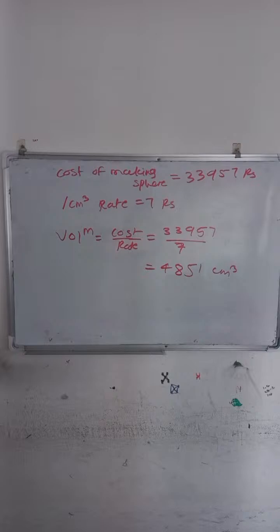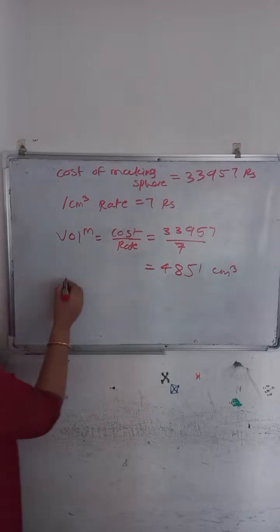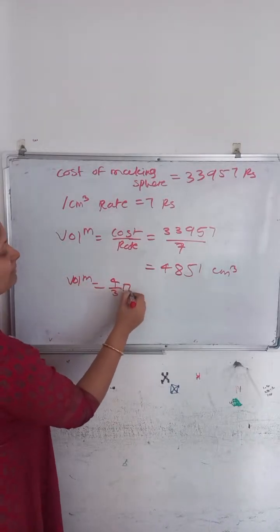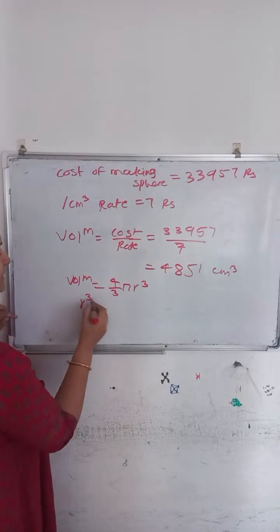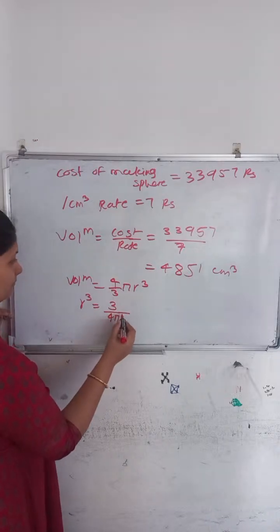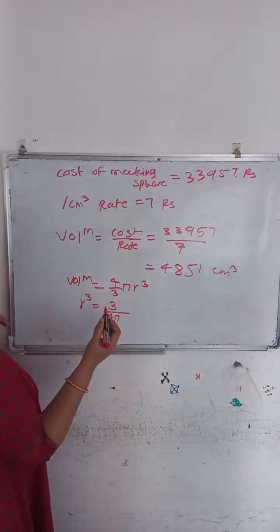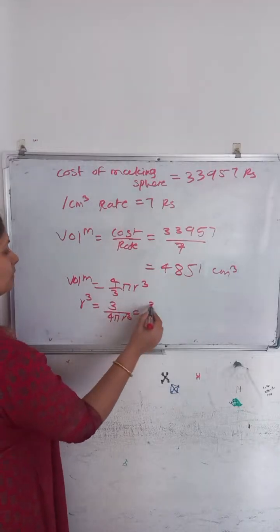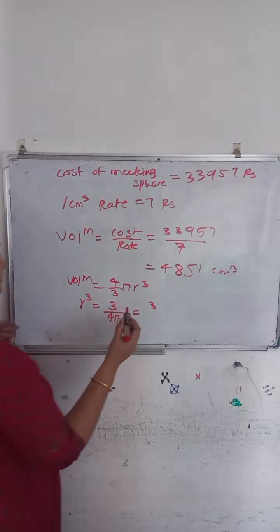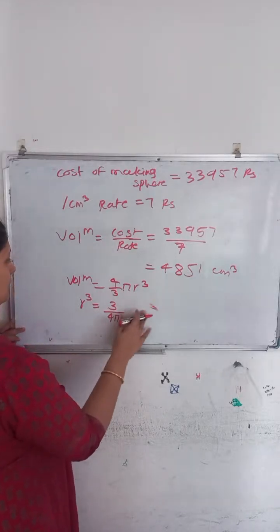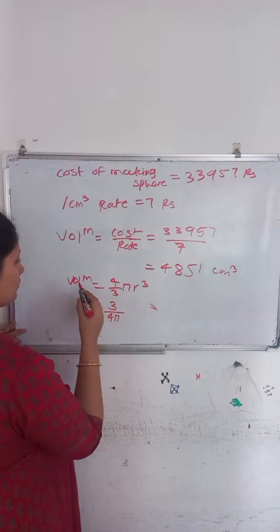Volume of the ball or sphere is 4 by 3 pi r cube. I am interested in r cube, so 3 you can transpose, and here 4 pi into r cube.